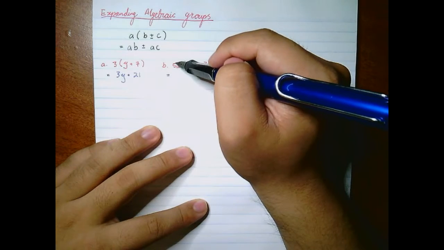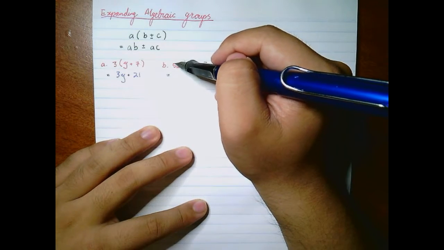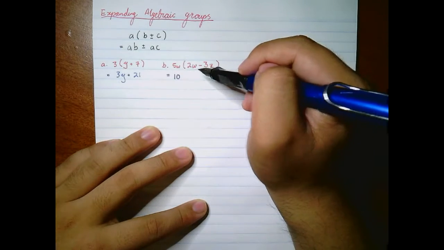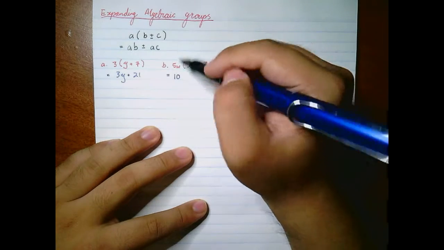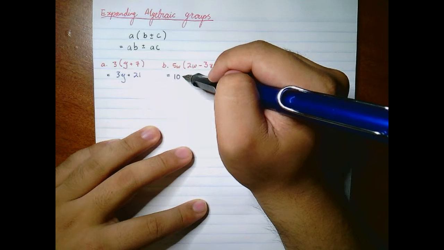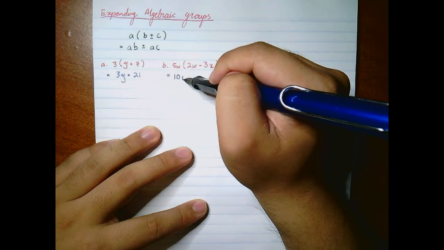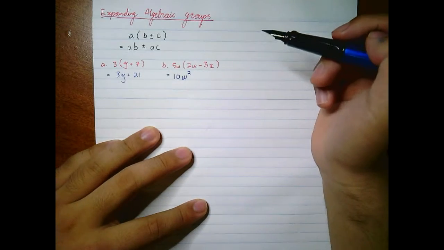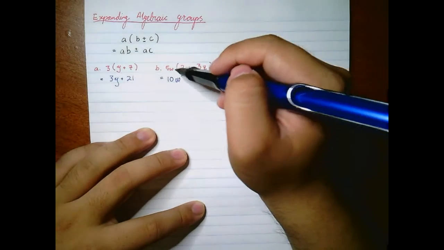So we'll do the numbers first. 5 times 2 is 10. W times W, well, that's the same number multiplied by itself, so it's W squared, which we're finished with this one.